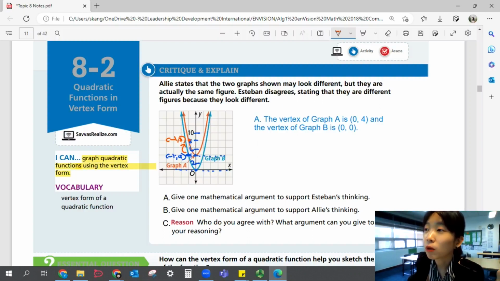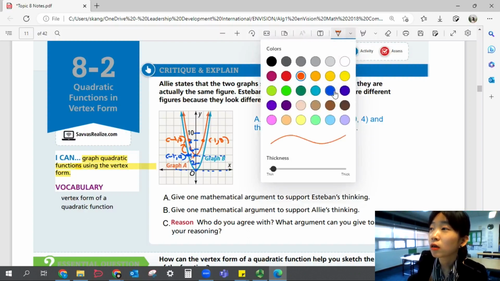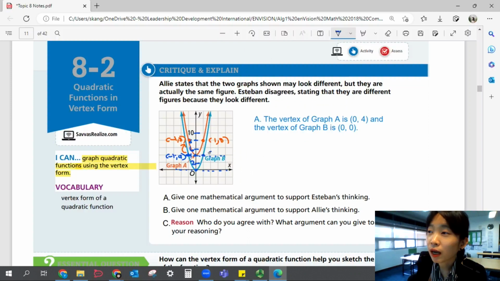as graph A. What about the other point? When x is equal to 1, we have this point where it's 1, 8 as well. And then for graph B, we have 1, 4. So if we move the point 4 units up, then we'll have exactly 1, 8.